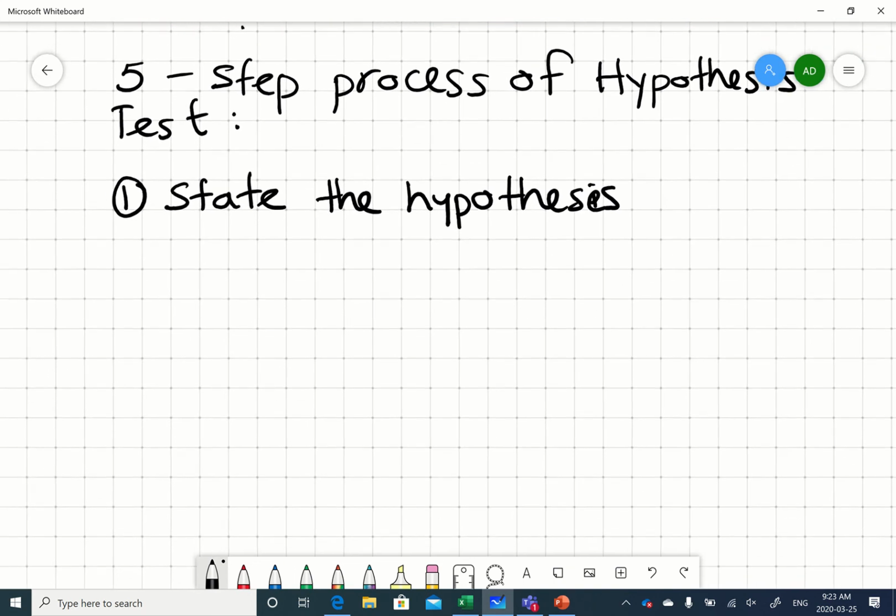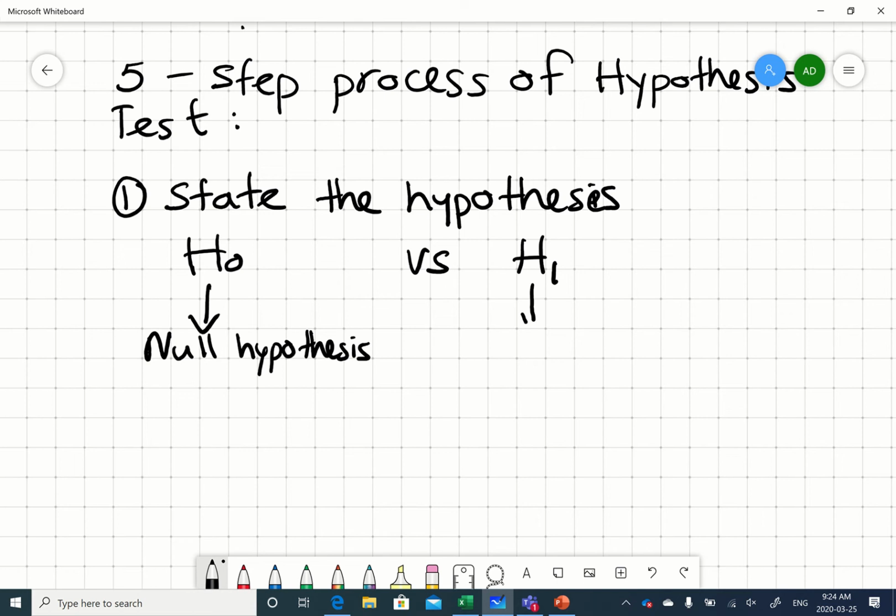another. So the 2 are called H naught versus H1. H naught is the null hypothesis, and H1 is called the alternative hypothesis.